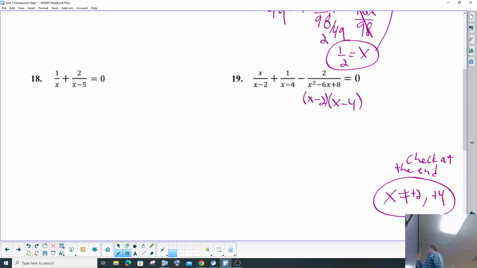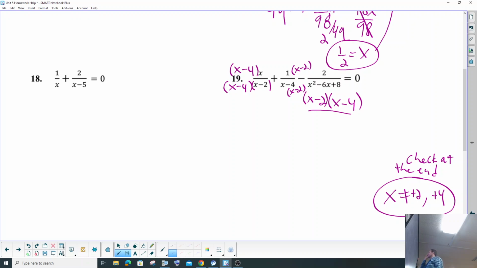Then we're going to multiply this side by an x minus 4, which is what it's missing. And if you do it to the bottom, you have to do it to the top. We're trying to get a common denominator, then eliminate the bottom. This one is missing an x minus 2 to the top and bottom, and this one already has it.